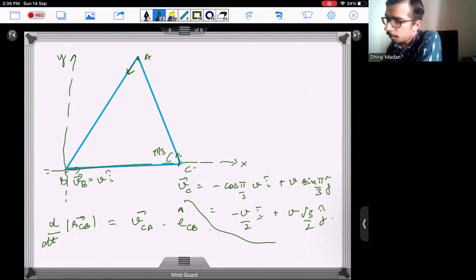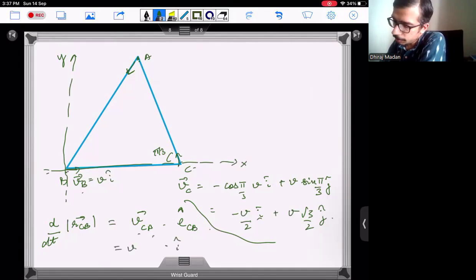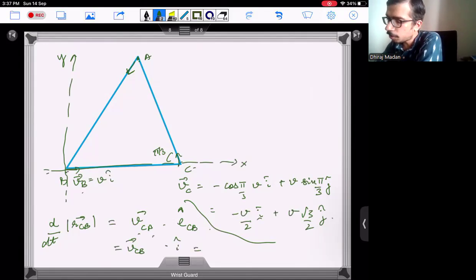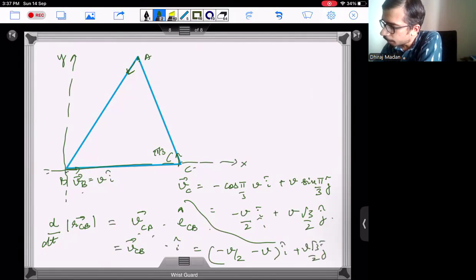So now if we compute VCB, which is VC minus VB, and we take ECB hat, ECB hat is nothing but i cap. So this is VCB dot i cap. I'm going to take only the x components of VC minus VB, and that is going to be minus V by 2 minus V, this much times i cap, plus V root 3 by 2 j cap, dotted with i cap.